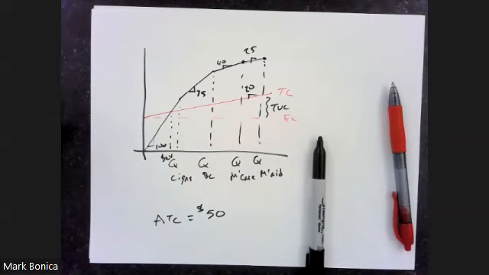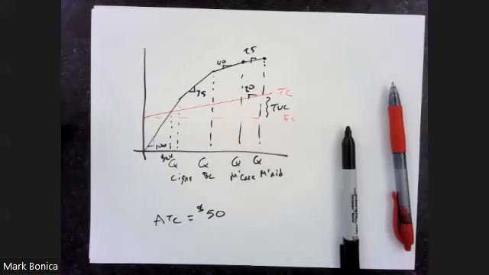Because when you average in the fixed cost and the variable cost over this quantity, the average total cost per unit is 50, but in reality, the marginal cost is only 20.